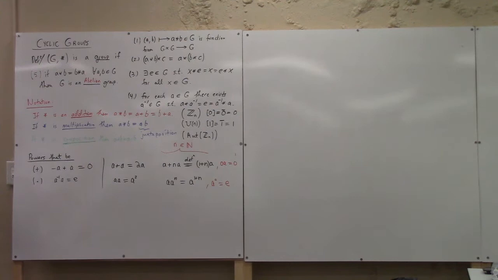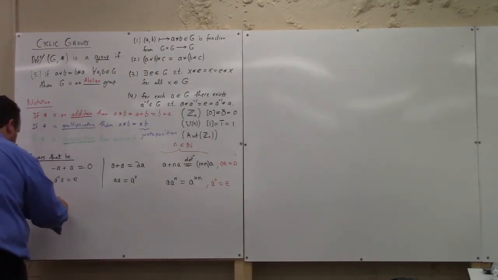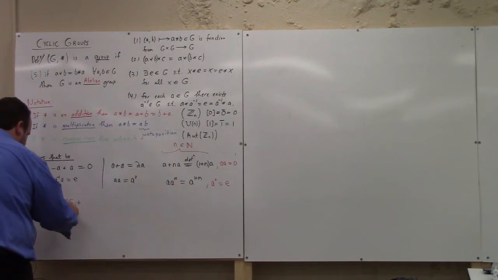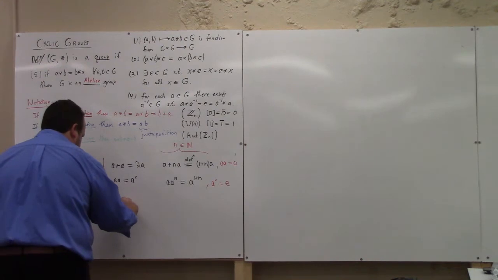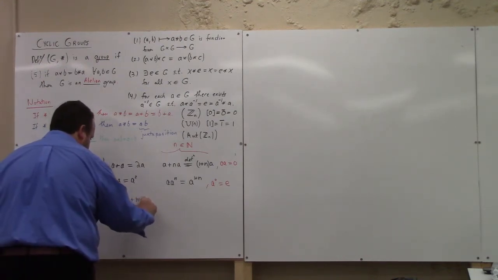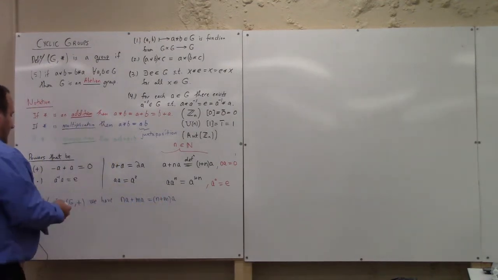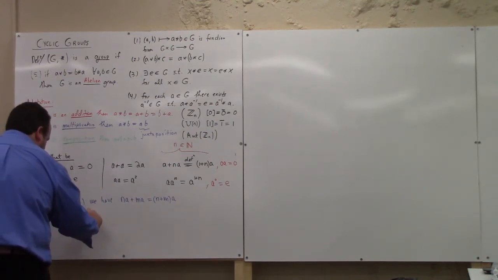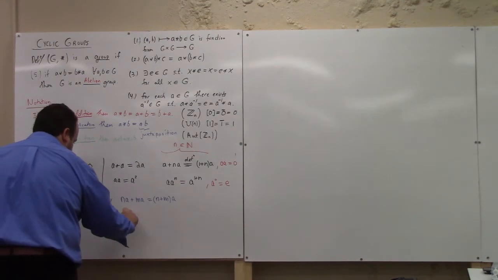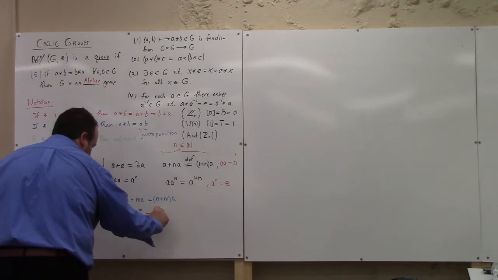Once you make those definitions, you can prove the following properties. Theorem. In an additive G, we have nA plus mA is (n plus m) times A. And in a multiplicative group, we have A to the n times A to the m is equal to A to the n plus m.